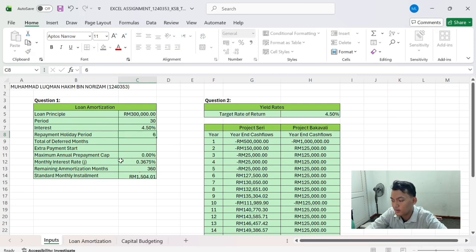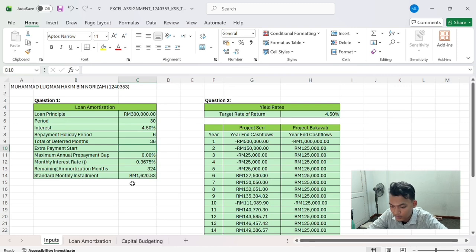Repayment holiday period is what the question mentioned as the initial 6 month period, where the borrowers are granted a repayment holiday, meaning they are not required to pay the monthly installment for the initial 6 months. So the total deferred months we get here is 36 months.